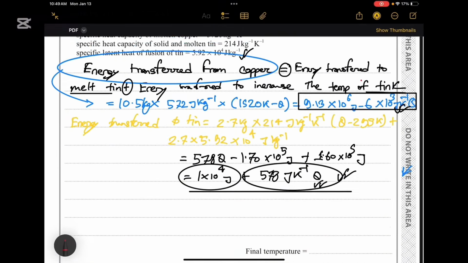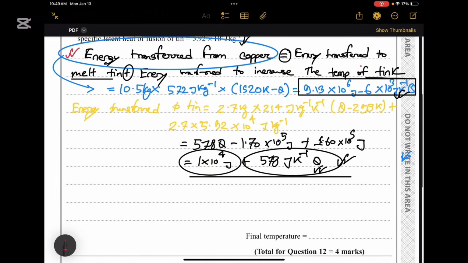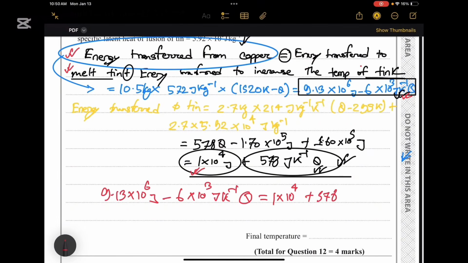Okay, so now let's figure that out. According to the formula that we have previously written in the black marker, energy transfer from copper is this, so we can write 9.13 × 10^6 joule minus 6 × 10^3 joule per Kelvin theta equals 1 × 10^4 plus 578 joule per Kelvin theta.